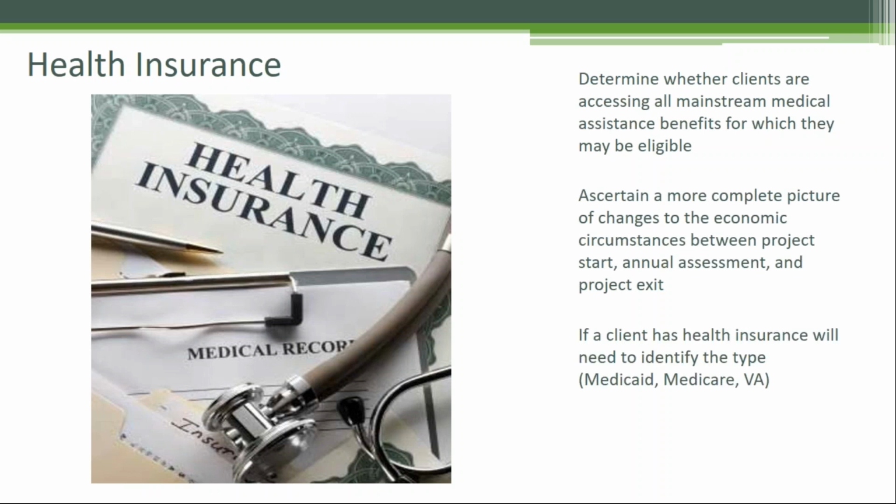If a client has health insurance, you're going to indicate yes or no, and then you're going to identify the type of health insurance that the client has, whether it's Medicaid, Medicare, insurance through the VA, things like that.